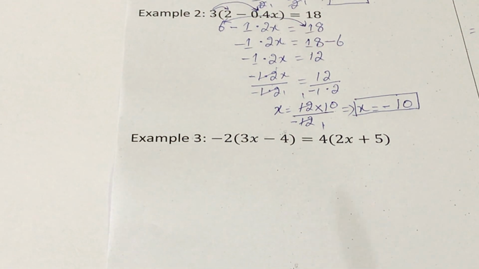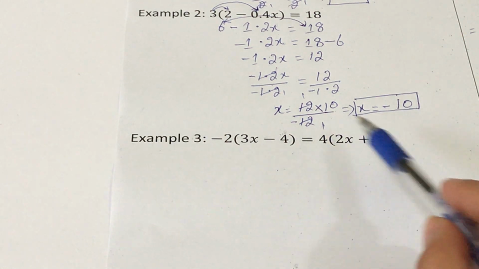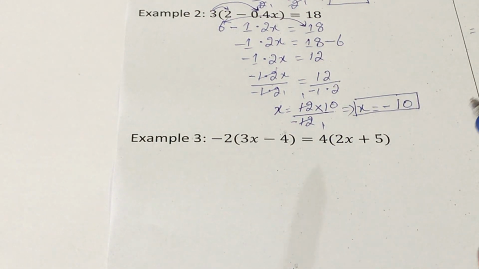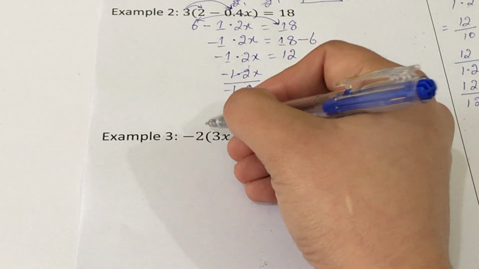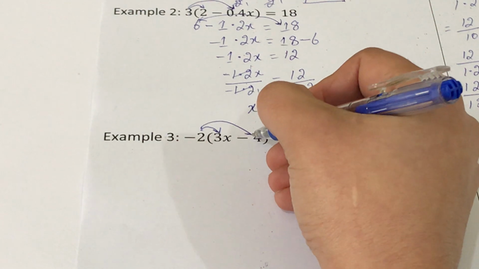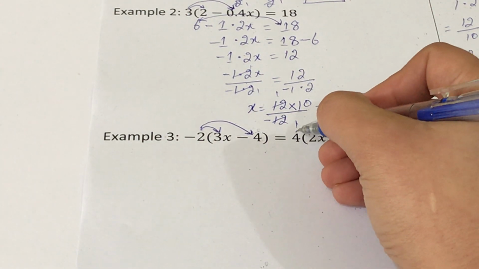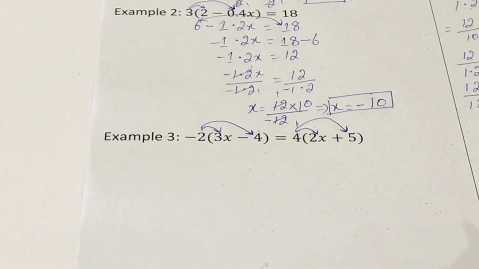How will you solve this example? Same. First thing, you can see you have brackets involved on both sides. So first thing you have to do, you have to expand these two brackets. So use the arrows, -2 multiplied by 3x and -2 multiplied by 4, 4 multiplied by 2x and 4 multiplied by 5, right?